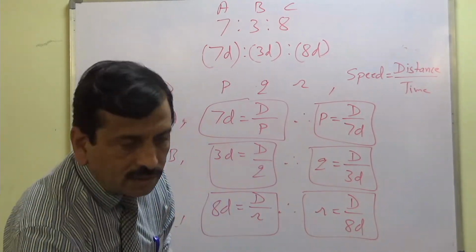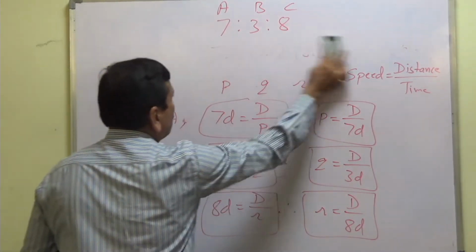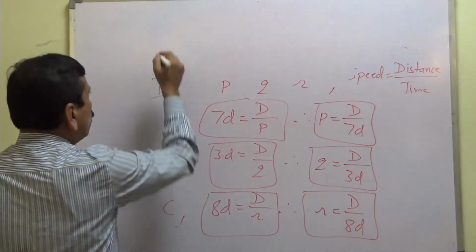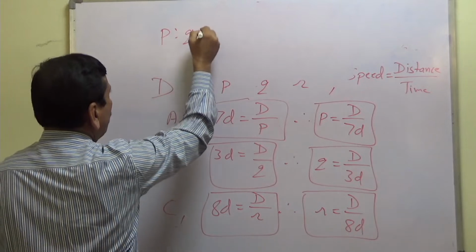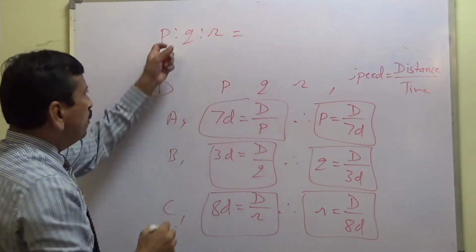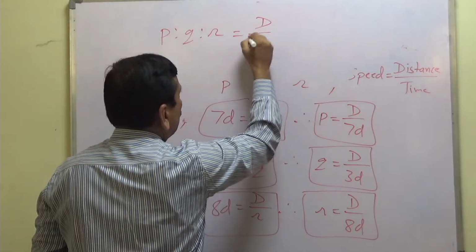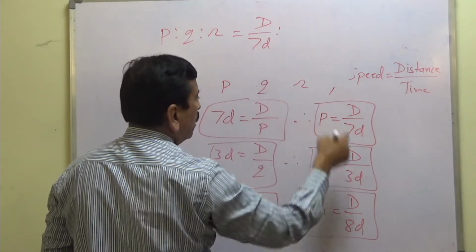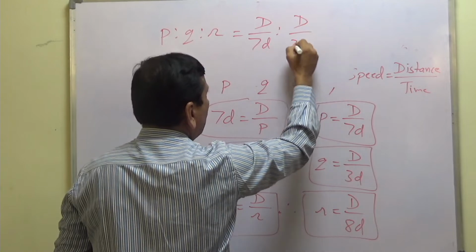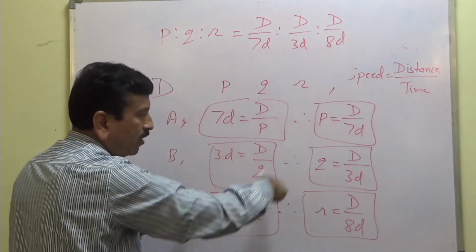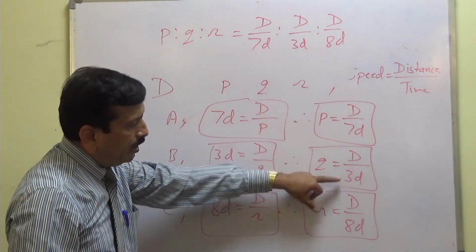And therefore, now we can write the entire thing in a nutshell, because what we are supposed to calculate is the ratio of the time taken by them. What is P is to Q is to R? We put the value of P as D by 7D, D by 3D, D by 8D, which we have calculated from this.